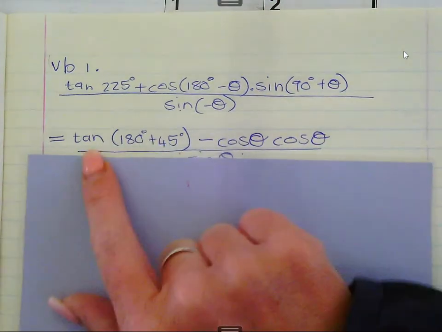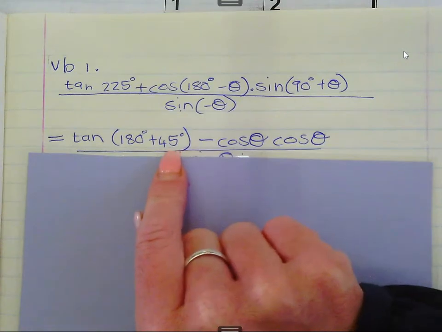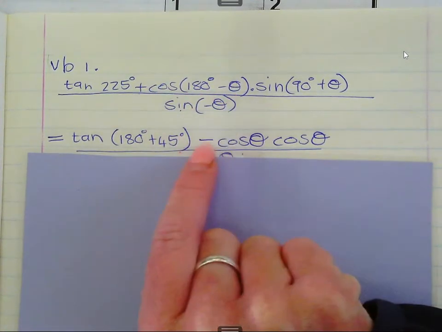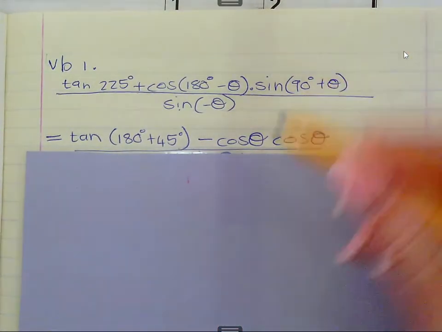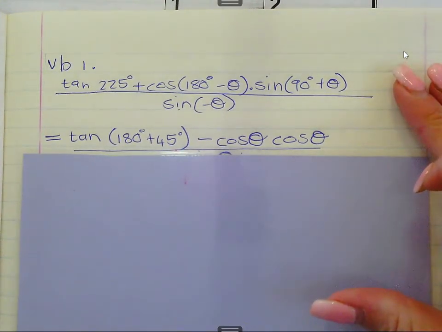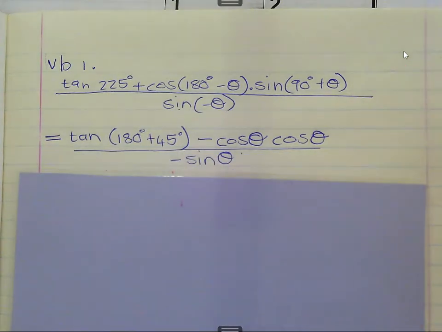So, I wrote tan as 180 plus 45. That plus cos(180 minus theta) became minus cos theta. And then sin(90 plus theta) became cos theta. And at the bottom, sin negative theta became negative sin theta.